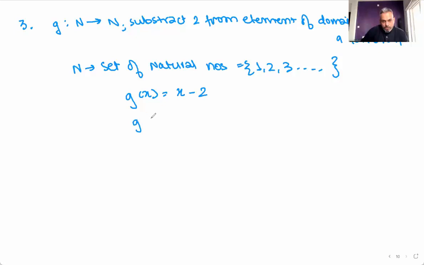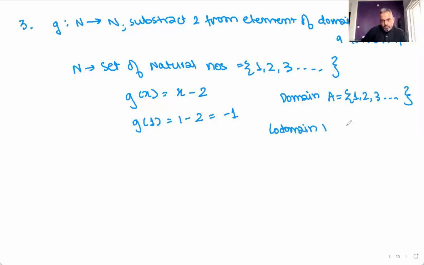Let's take g of 1 is equal to 1 minus 2, which is minus 1. Now over here, domain A is equal to 1, 2, 3, on and on and on. Codomain B is also equal to 1, 2, 3.